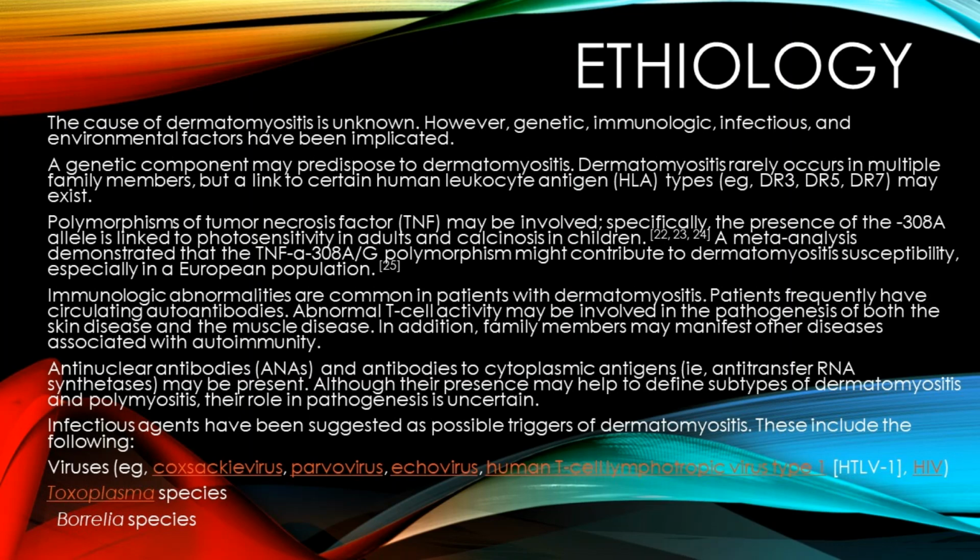In addition, family members may manifest other diseases associated with autoimmunity. Antinuclear antibodies and antibodies to cytoplasmic antigens, anti-transfer RNA synthetases may be present. Although their presence may help to define the subtype of dermatomyositis and polymyositis, their role in pathogenesis is uncertain.